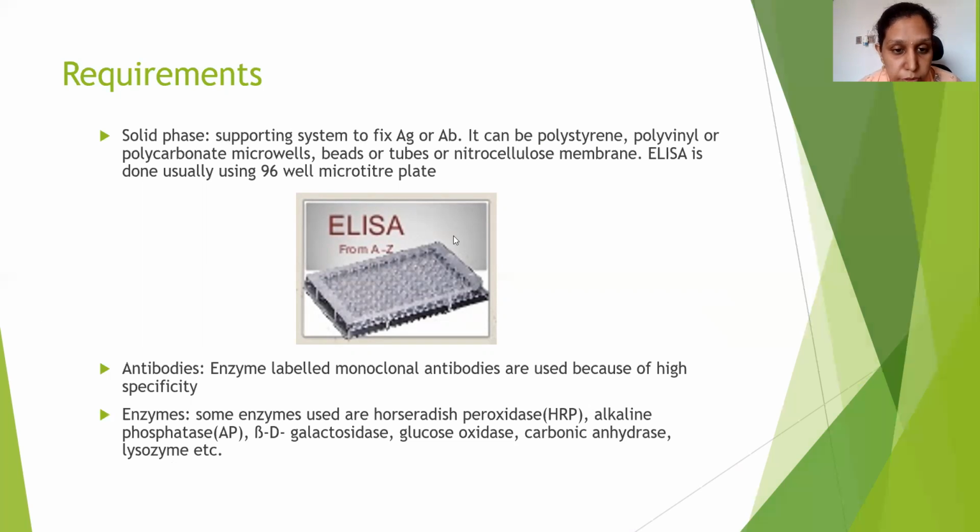This kind of plate is required to perform ELISA, and in this we put the reagents and serum and all. The kind of antibodies we use are enzyme-labeled monoclonal antibodies, because they're highly specific.